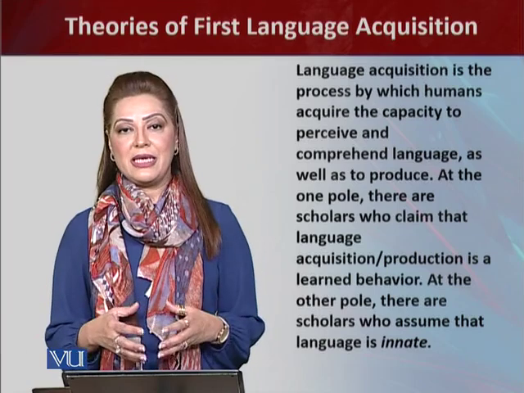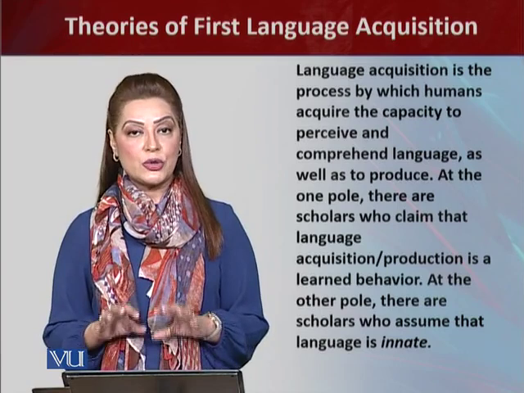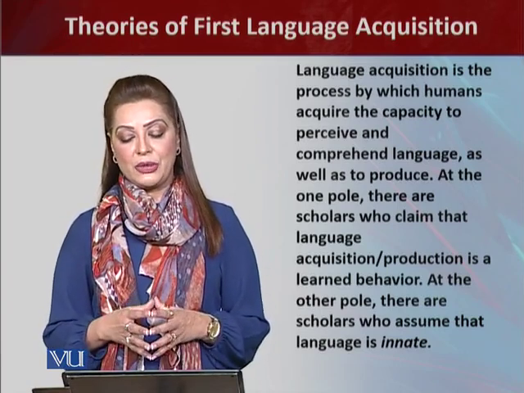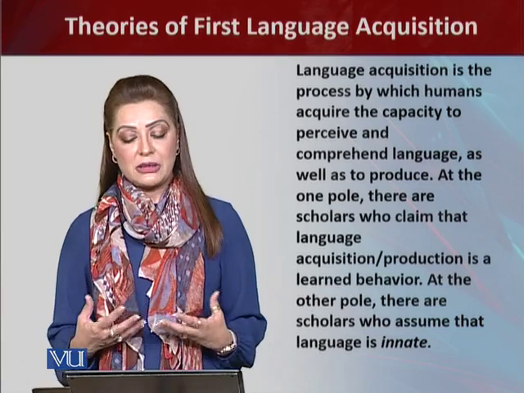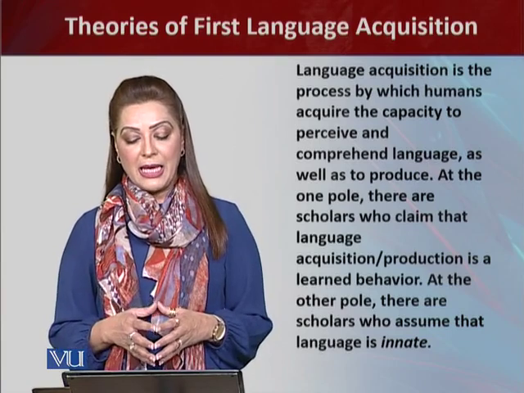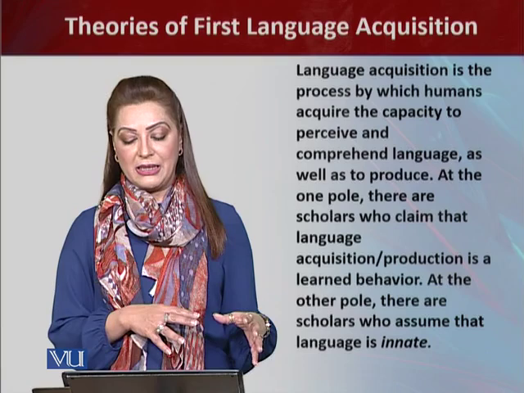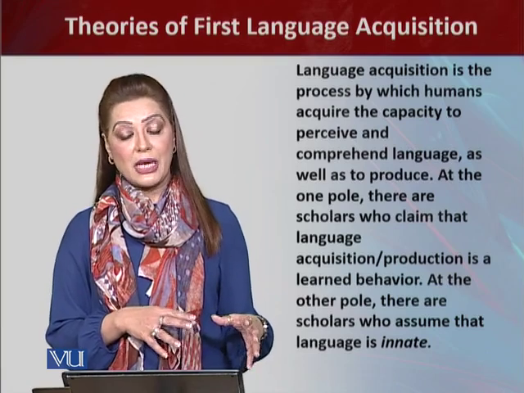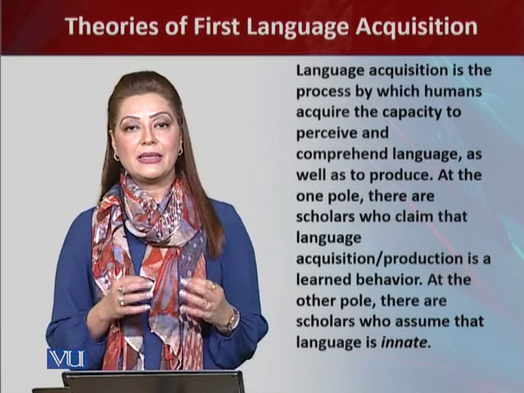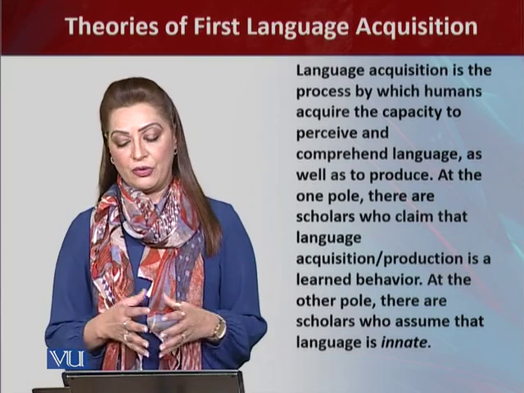And all these theories are distinct from each other in addressing this crucial issue: language acquisition, which according to them is the process by which humans acquire the capacity to perceive and comprehend language. At one pole, there are scholars who claim that language acquisition and production is a learned behavior, which comes from the behaviorist school of thought.